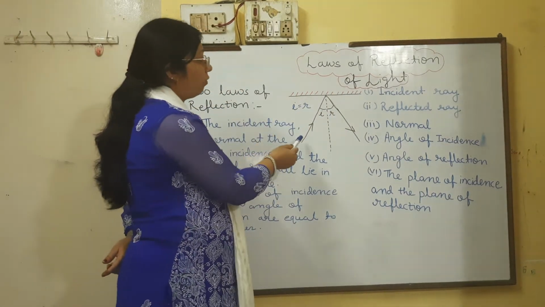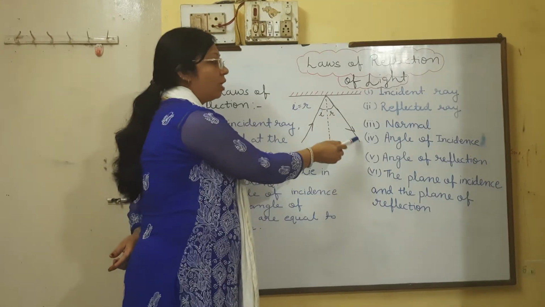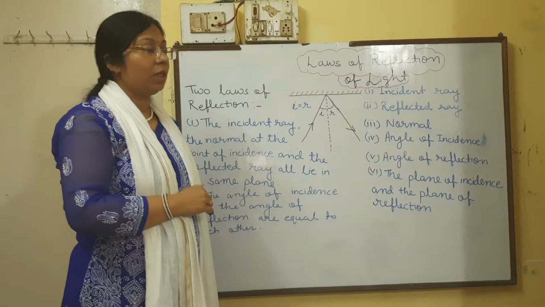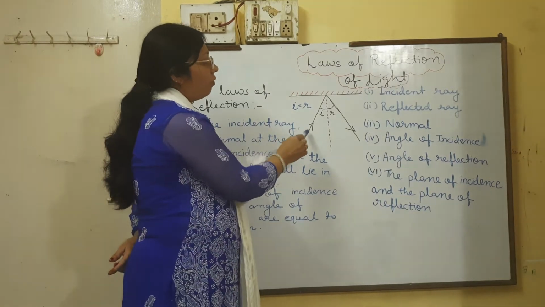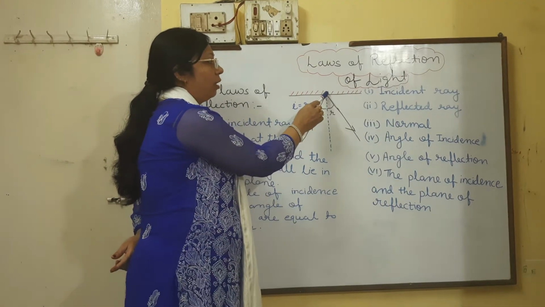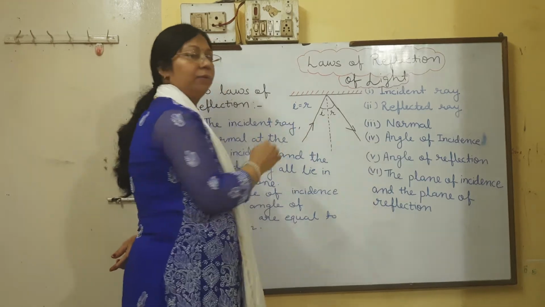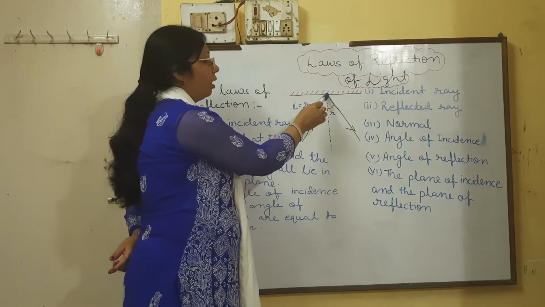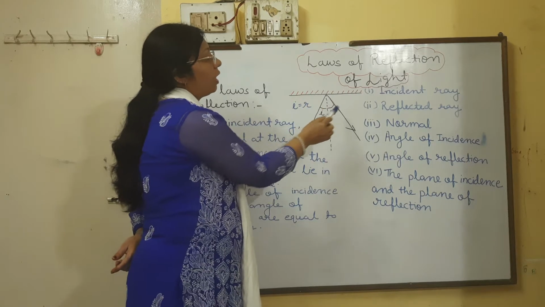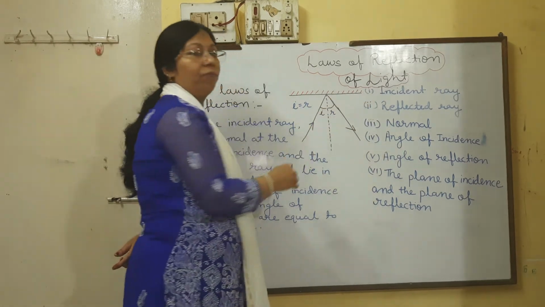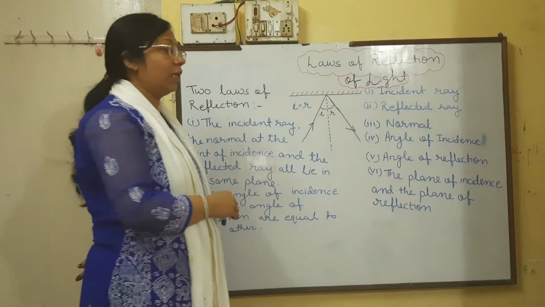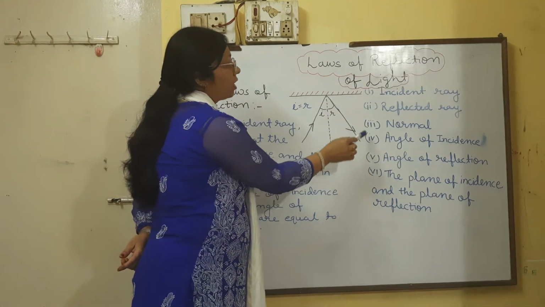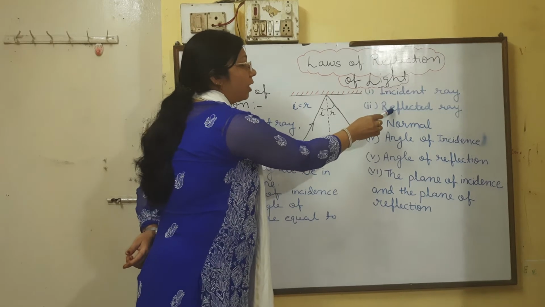So reflection of light will take place from the shiny surface of the mirror. The ray of light which falls on the mirror will bounce back. The ray of light which falls on the mirror is known as the incident ray, and the ray of light which bounces back or reflects back is known as the reflected ray.